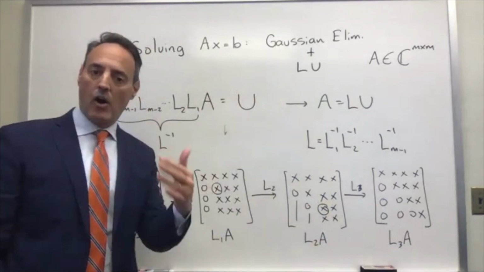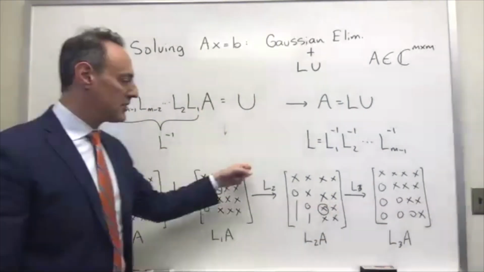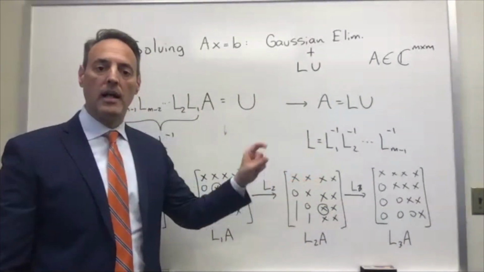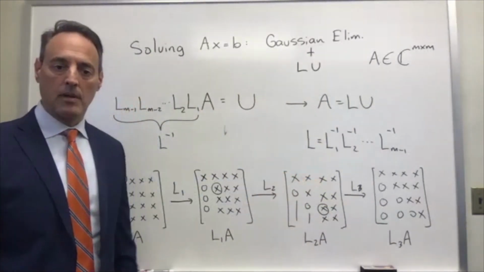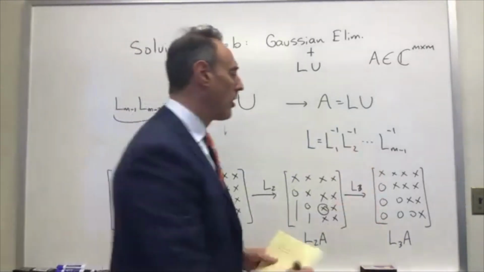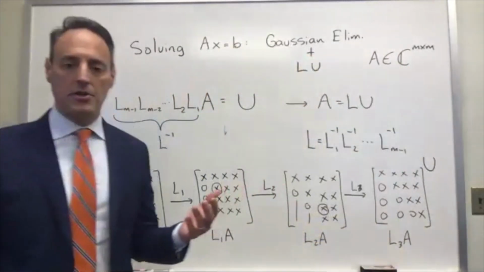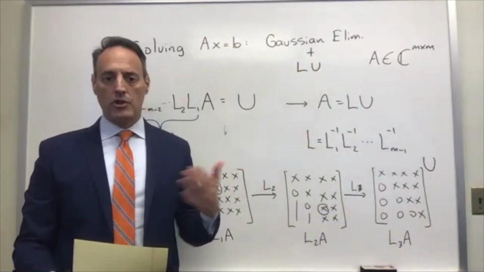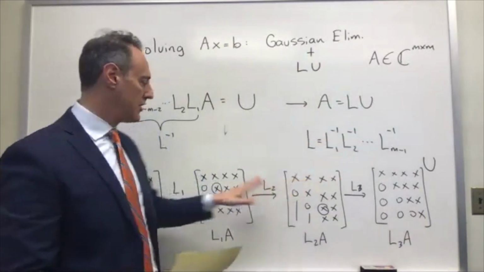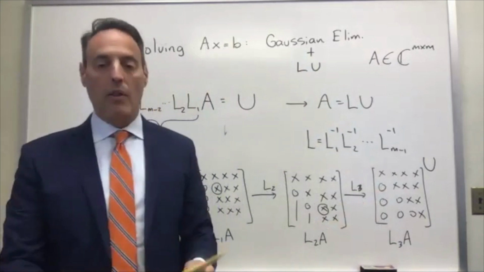It's just that now we want to track those operations with these matrices L1, L2, L3. Okay? Because at the end, what we get here is this upper triangular form, and this is our U matrix in the LU decomposition. So we have the U that comes out. We just have to figure out how to get the L1, the L2, and the L3.